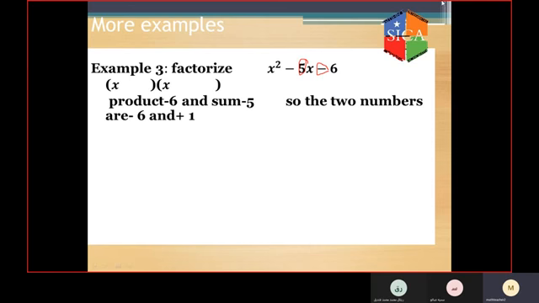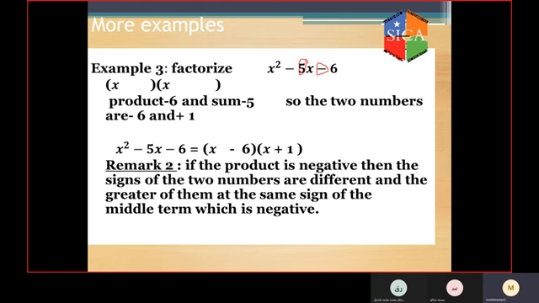Then we can use the strategy product difference and ignore the signs. After that, we put the signs after we get the two numbers. Their product is 6 and their difference is 5, so the two numbers are 1 and 6. We put 1 and 6 in the two parentheses, and the greater one, which is 6, takes the middle term sign, which is negative.